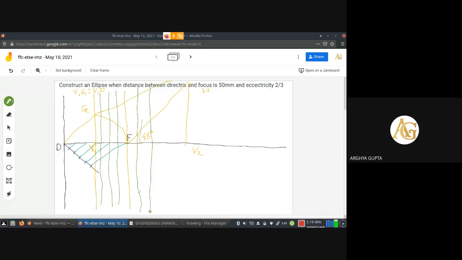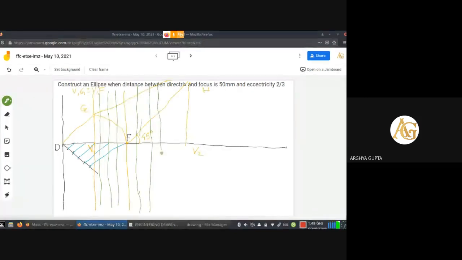So the distances between lines may or may not be equal. But take a number of lines. The more the number of lines, the finer the curve will be.